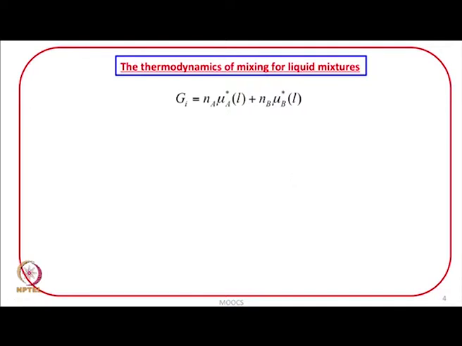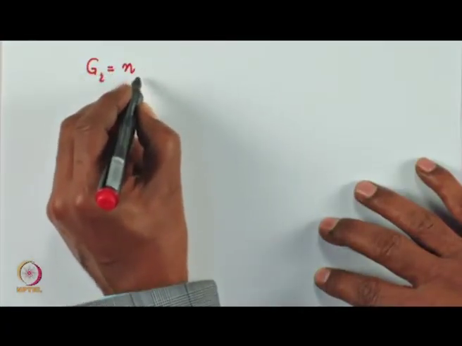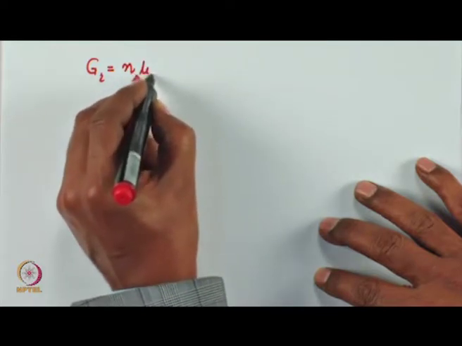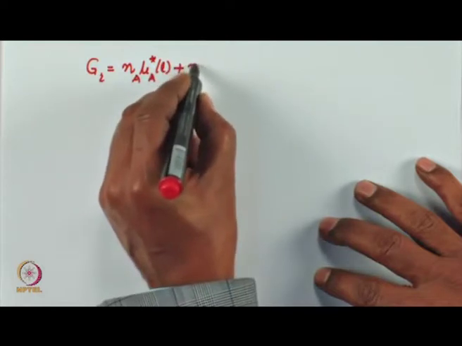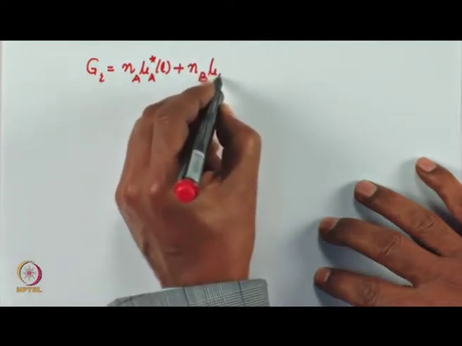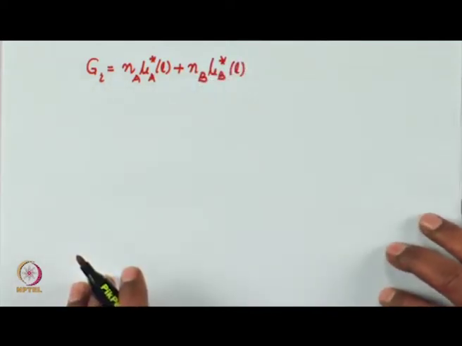So the initial Gibbs function is equal to NA times mu A star L plus NB times mu B star L when it is pure.